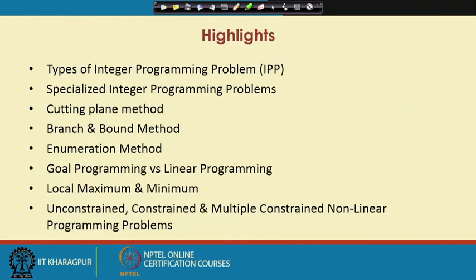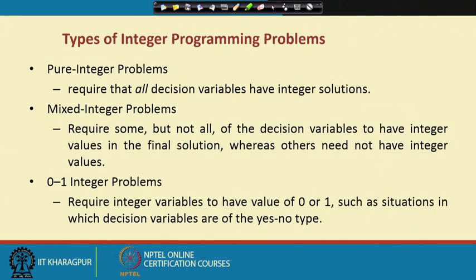So, these are the highlights we would like to address: integer programming, goal programming, and nonlinear programming. Technically, three things we are supposed to address in this unit. The first one is integer programming, the second one is goal programming, and the third one is nonlinear programming. Depending upon the requirement, we start with the first, integer programming.